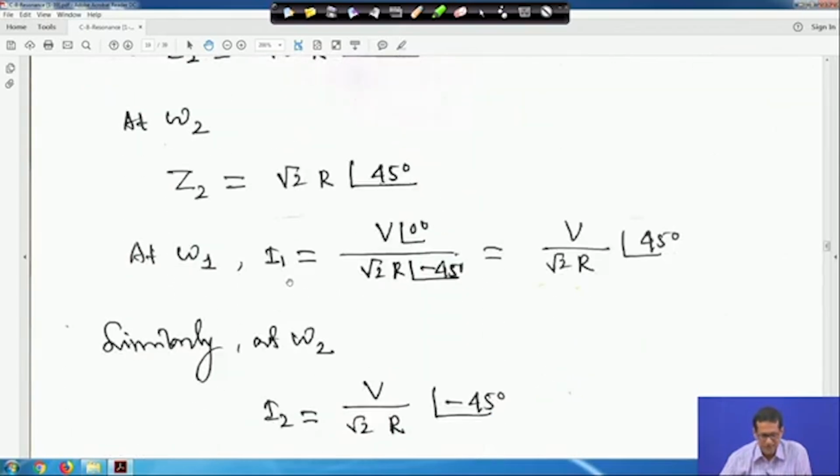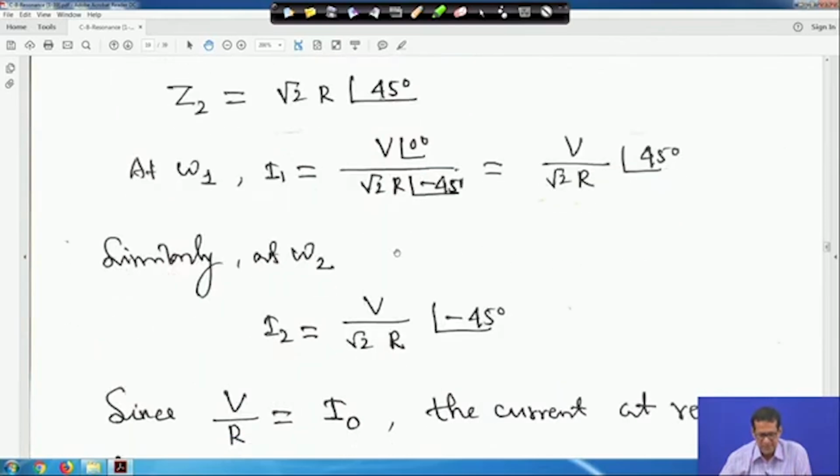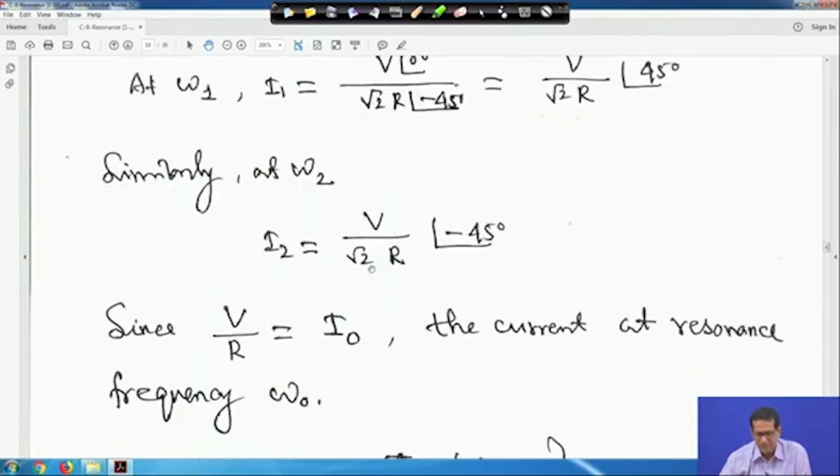Therefore at omega 1, I1 will be V angle 0, the voltage reference, divided by the impedance root 2 R angle minus 45 degrees, that becomes V upon root 2 R angle 45 degrees. Similarly, at omega 2, I2 is equal to V upon root 2 R angle minus 45 degrees.